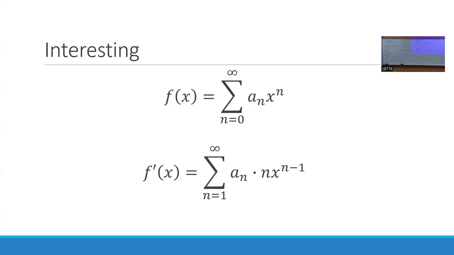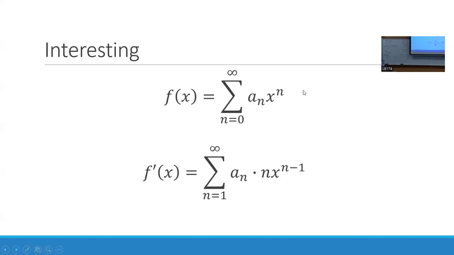However, I do want to make a couple of interesting observations. The first observation is that if I think of these infinite series as infinite polynomials, well, I can take the derivative of any polynomial.